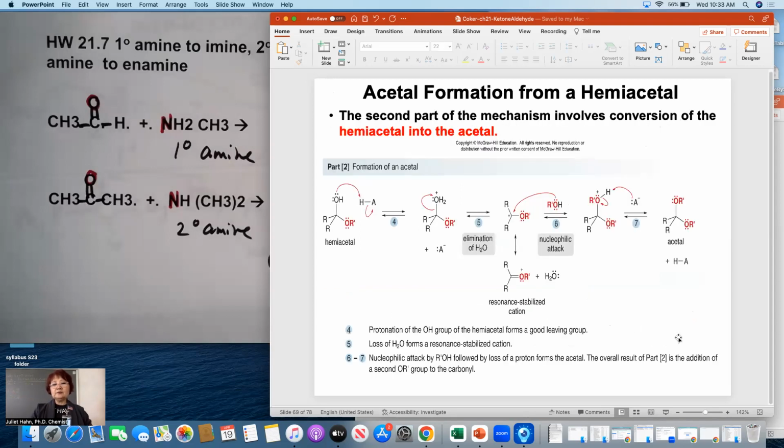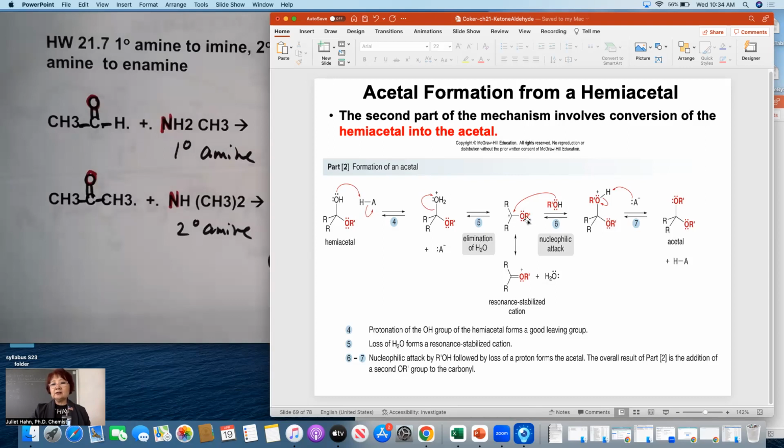And then after you get the addition of 1 alcohol, then you do another addition of the alcohol. So then this drops off as water, and then you end up with a carbocation, and then your second alcohol comes in, or you could do it in 1 step.